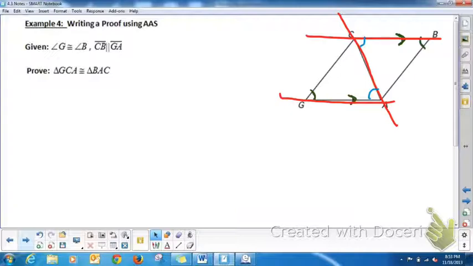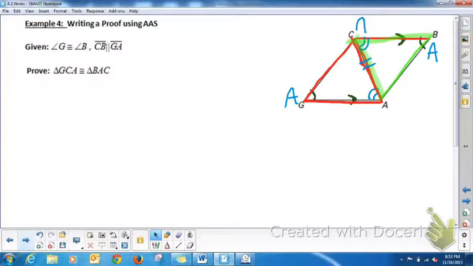And also, these two triangles share a side. And because they share a side, that side is equal to itself. So both of these triangles include this segment, CA or AC. And therefore, using reflexive property, it's congruent to itself. So we can prove these two triangles are congruent because we have angle, angle, side.